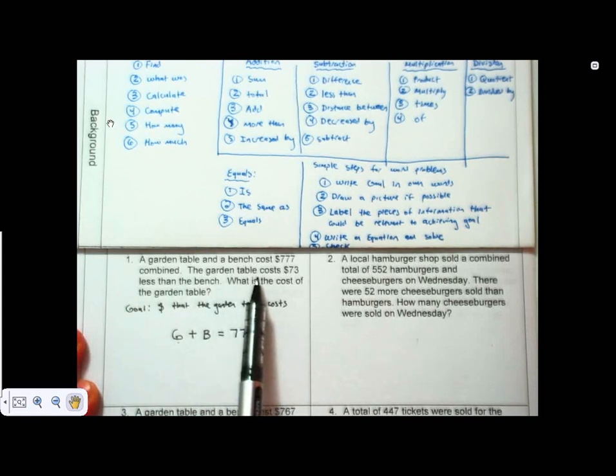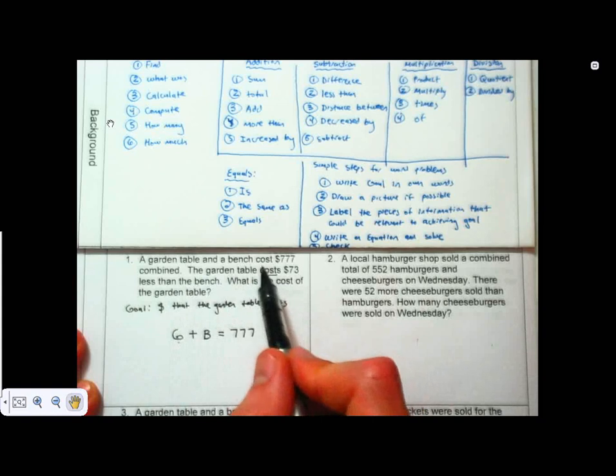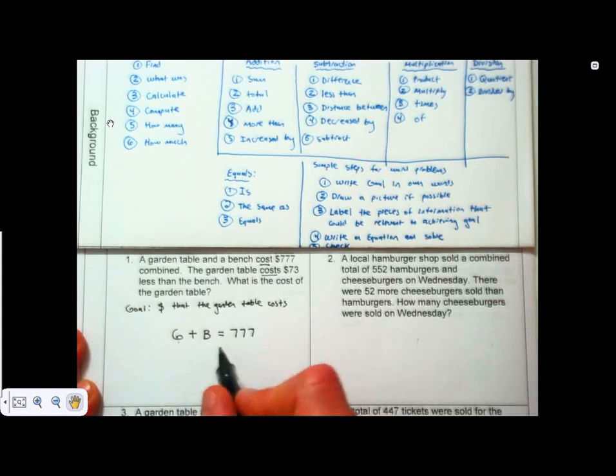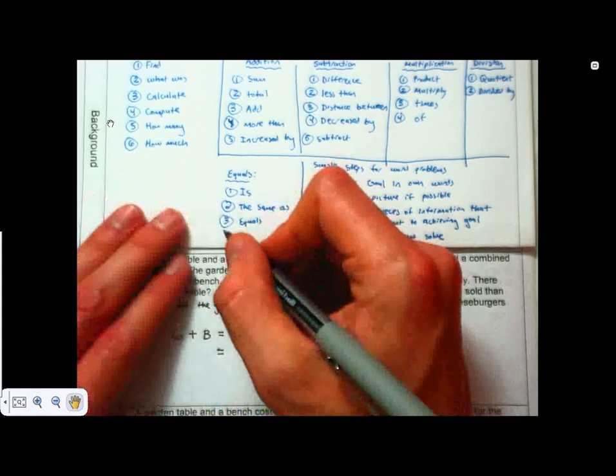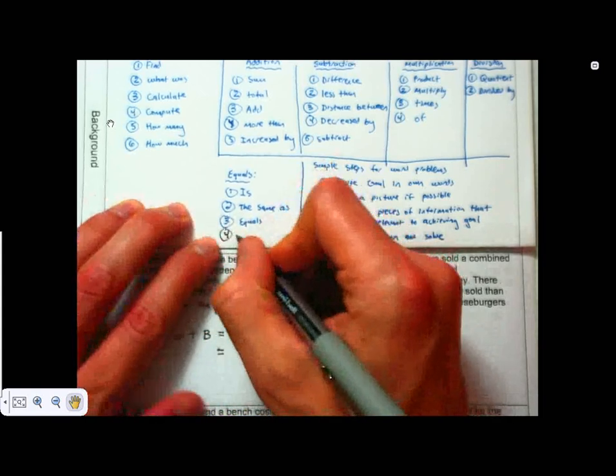The second sentence also jumps out at me as a math sentence. It says the garden table costs $73 less than the bench. Well, the word costs is another keyword for equals, so I'm going to add that here as well.